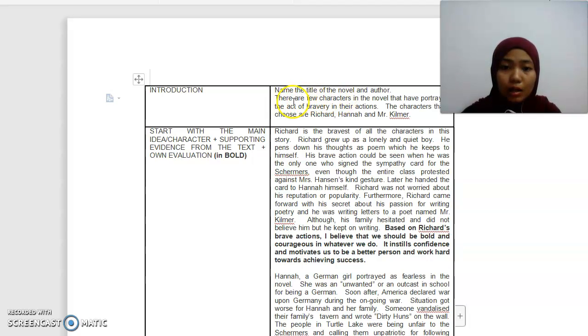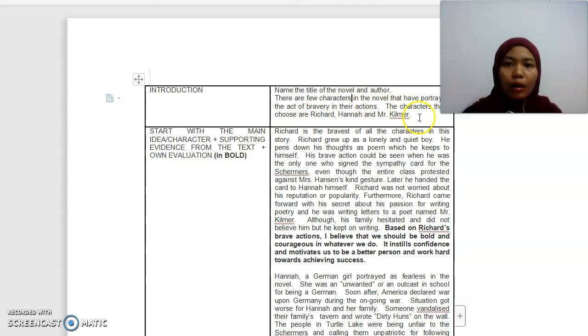If it states that you should name a few characters, then you have to put more than one character in your novel summary.